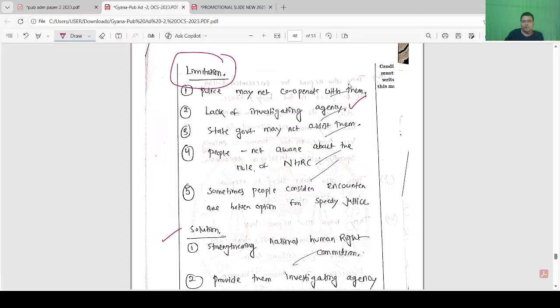Main limitations: it cannot give punishment, cannot give financial assistance, its recommendations are advisory not binding. These are the main three. It cannot take old cases, 1 year old case.